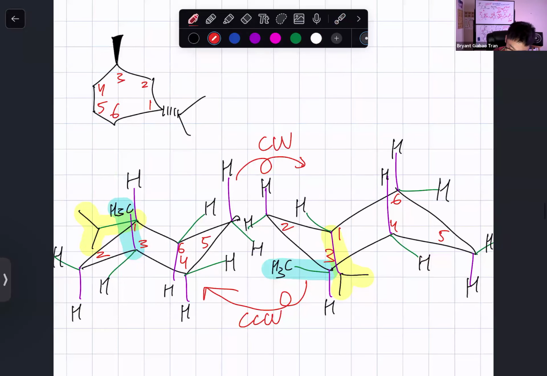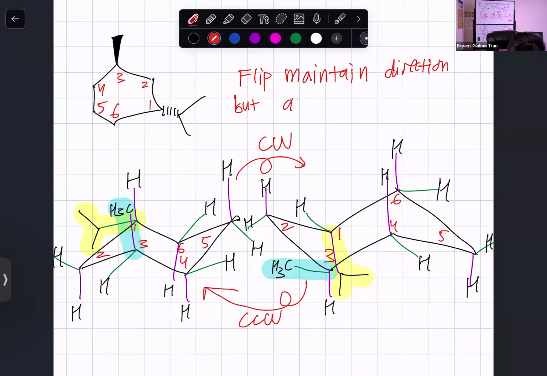The flip maintains direction but switches from axial to equatorial or vice versa.